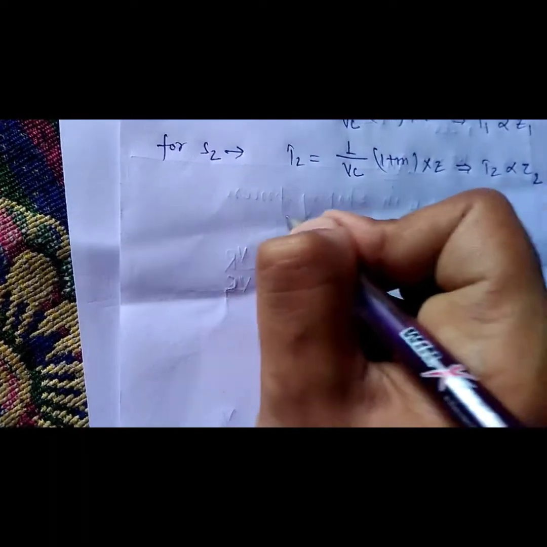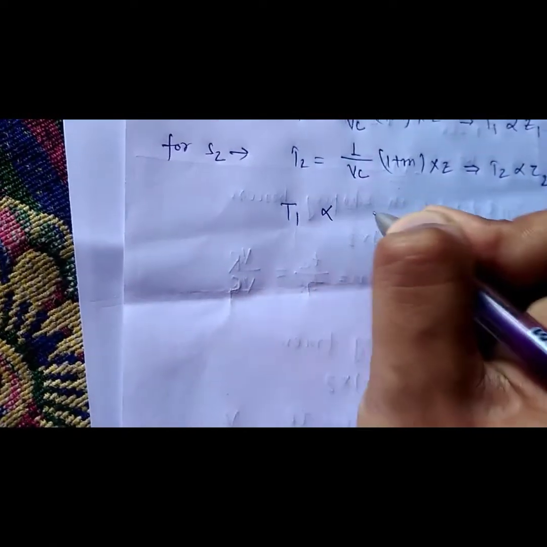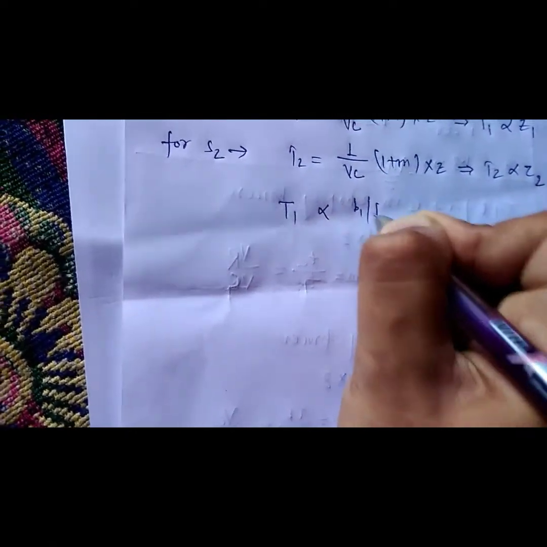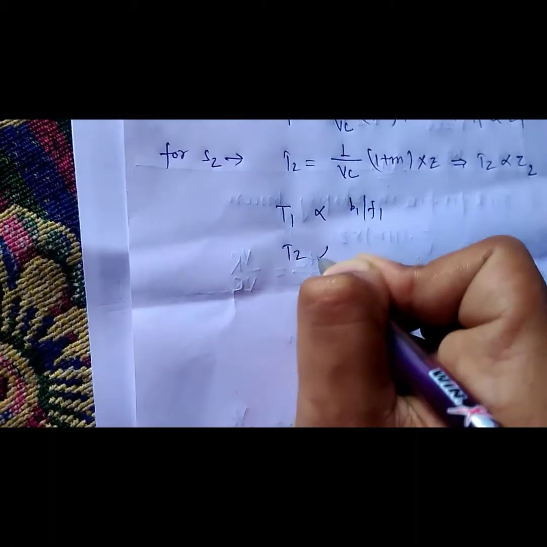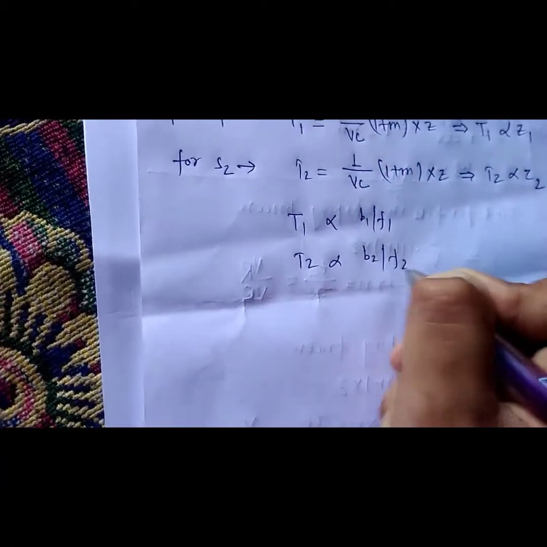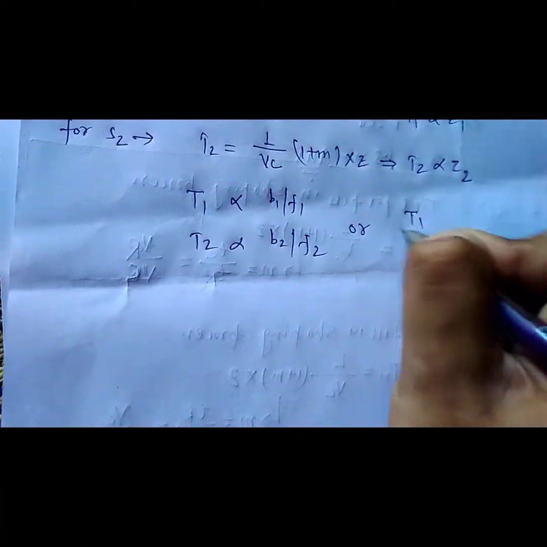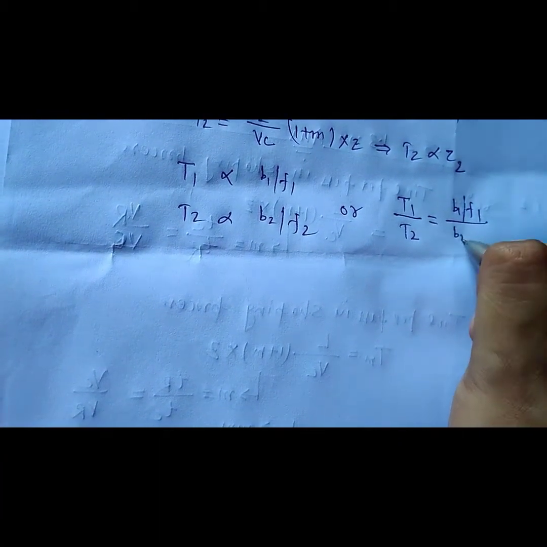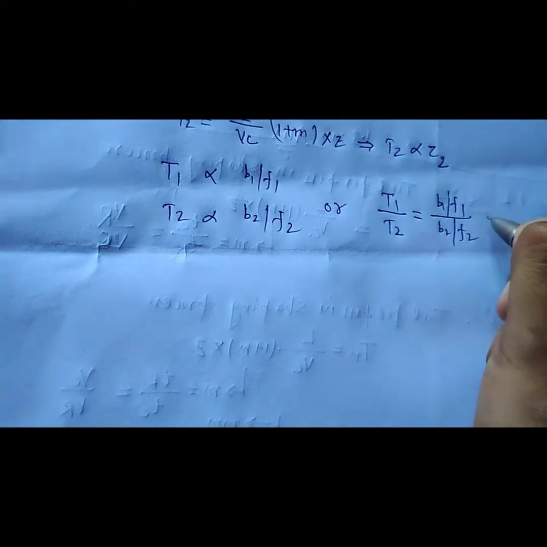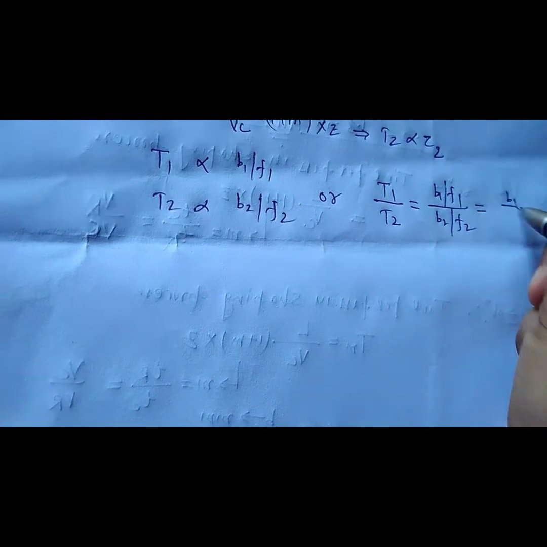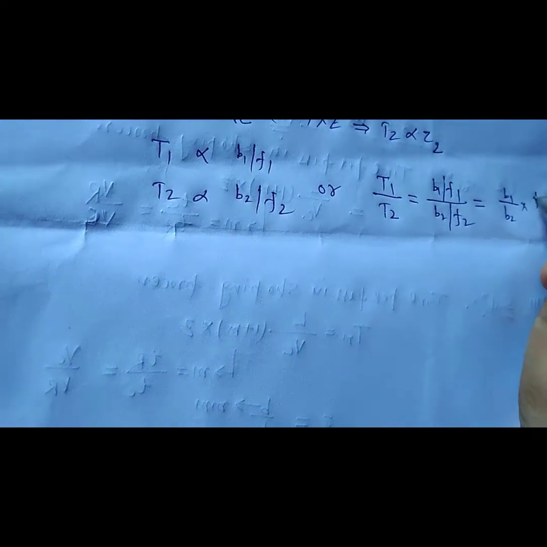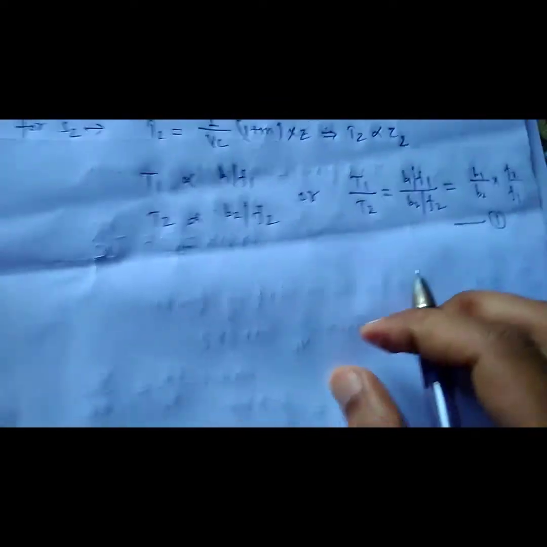So T1 is proportional to B1 upon F1 and T2 is proportional to B2 upon F2, or T1 upon T2 is equal to B1 upon B2 into F2 upon F1. This is equation first.